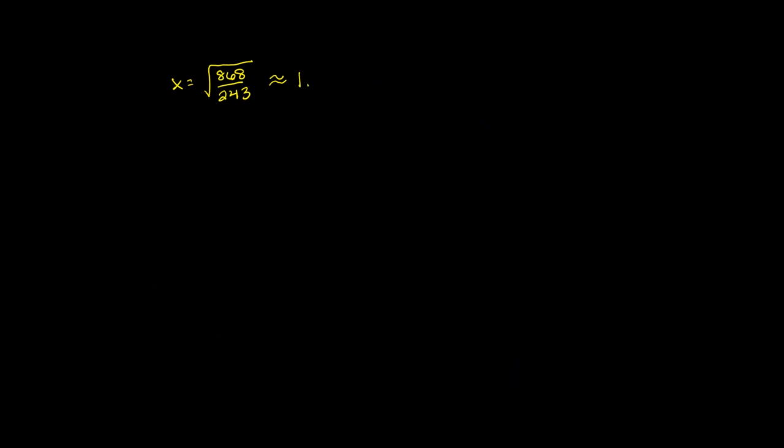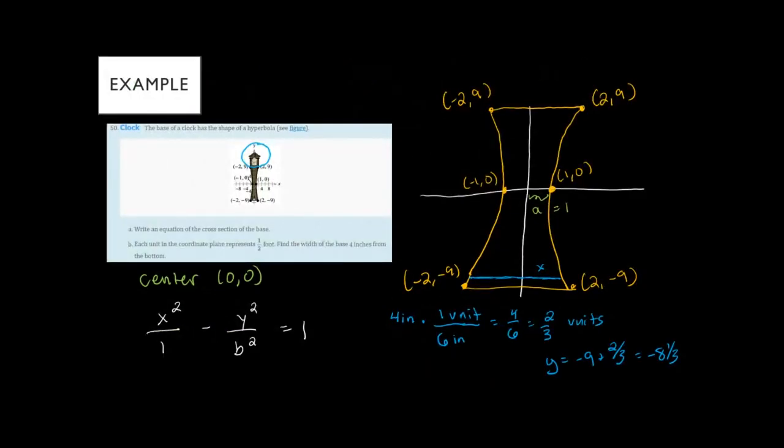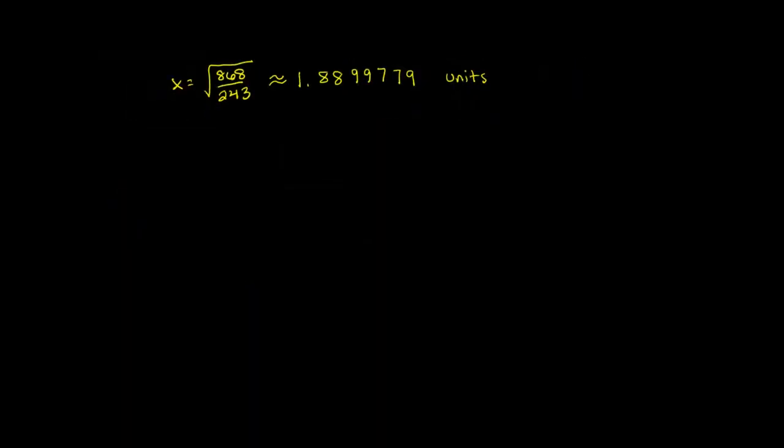So my calculator is giving me 1.8899779. And now these are in units, because everything we're working with is in terms of units from our picture here. So we're not in feet or anything, we're in units.